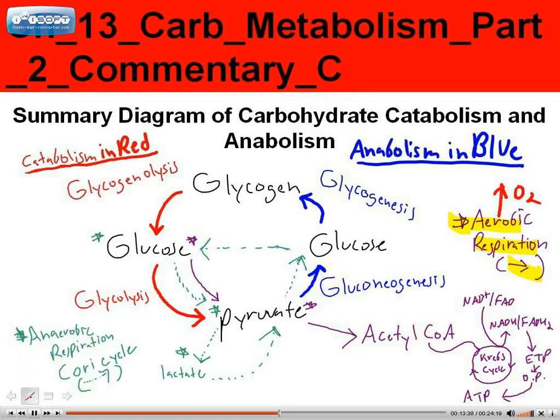In this scenario, glucose is broken down into pyruvate via glycolysis, and then the pyruvate is broken down into acetyl-CoA, which is inserted into the Krebs cycle.